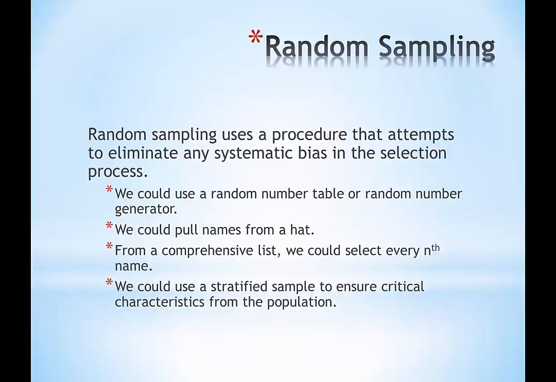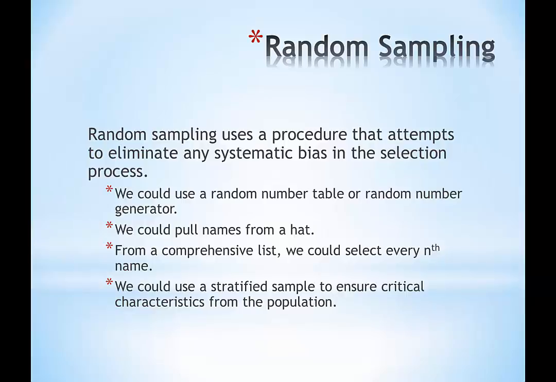We could also use stratified sampling to ensure critical characteristics from the population appear in the sample. I'm not going to go into that too much in this screencast, but there's a nice little section about this in your textbook. So, if I know from the registrar's office that the population of Boise State is 60% female and 40% male, I would like to have a stratified random sample where, of those 200 students, 60% are female and 40% are male.